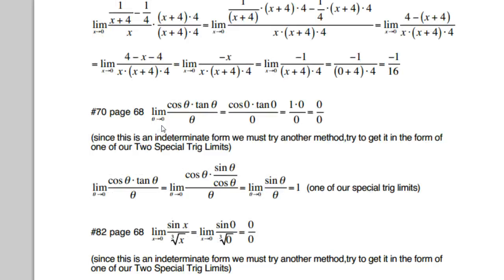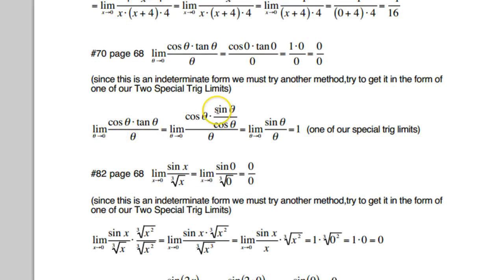Cosine times tangent becomes cosine times sine over cosine, which just becomes sine, so it simplifies to 1. Now, if there was a number here, I would need the same number down here in order to work it out, and then it would be a different number than 1.